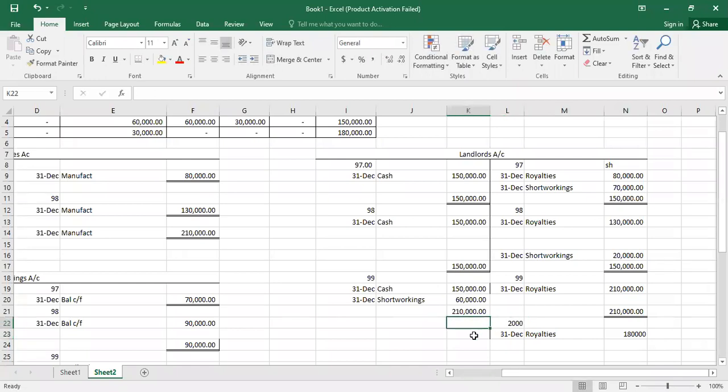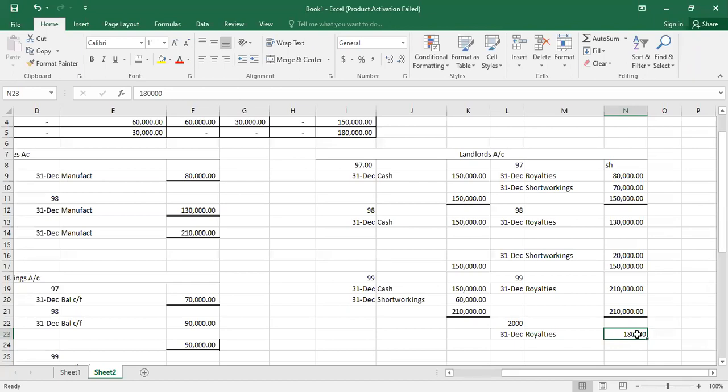Do you have any other transaction that is affecting the lessee books? Because as far as my knowledge goes, our table was ending at this end. Do you have any other transaction that is pending?